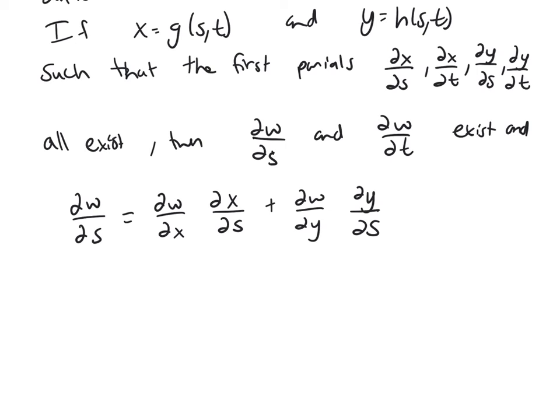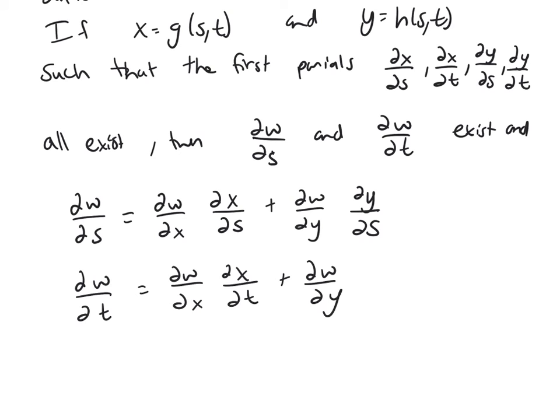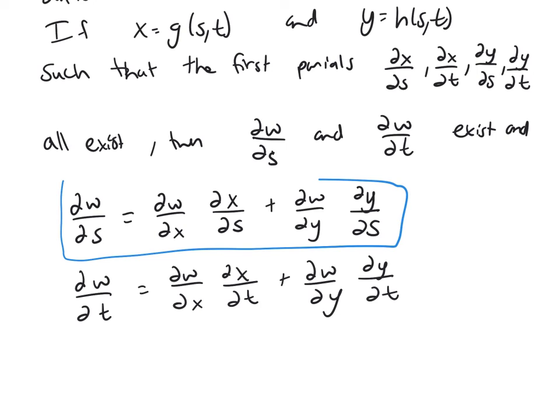And then you have a similar formula for the partial derivative of w with respect to t: the partial derivative of w with respect to x times the partial derivative of x with respect to t, plus the partial derivative of w with respect to y times the partial derivative of y with respect to t. So here are my two formulas.